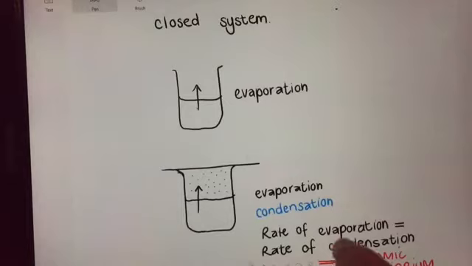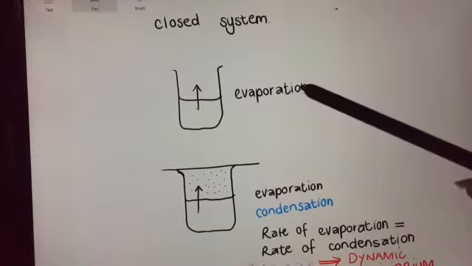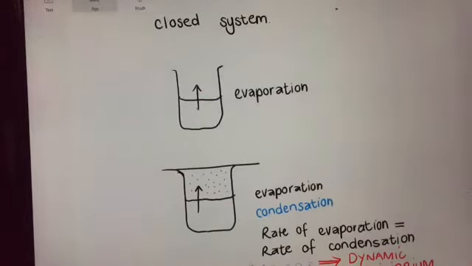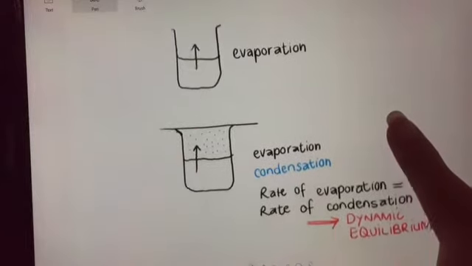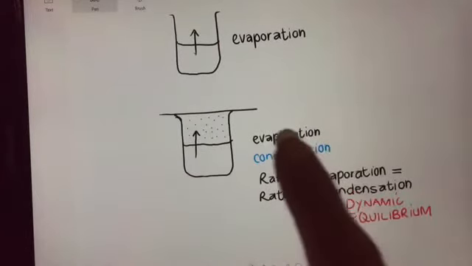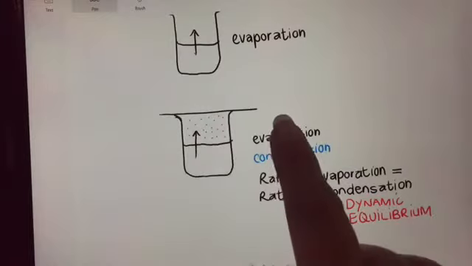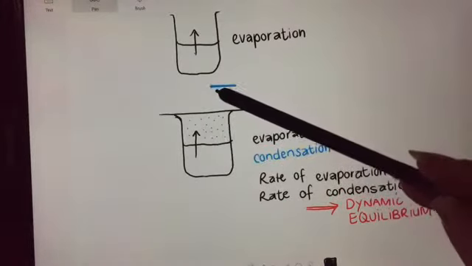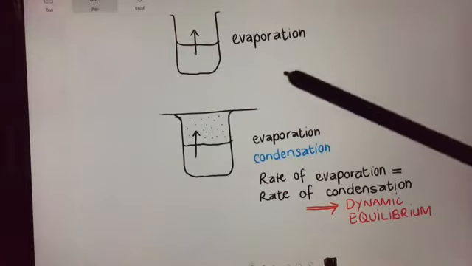As you all know, if I take a beaker with water and leave it outside for a while, evaporation will take place and the liquid will change to a gas. Now, if I do this again, but place something on top of the beaker to make sure the gas particles can't escape, the following is going to happen.